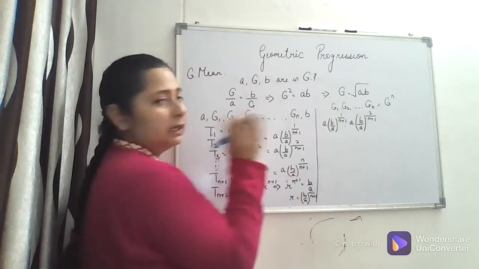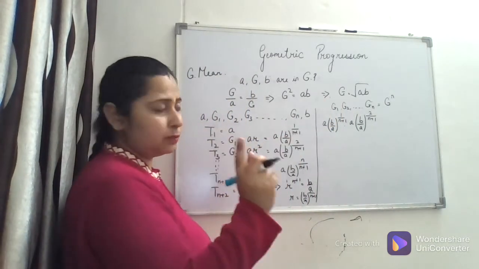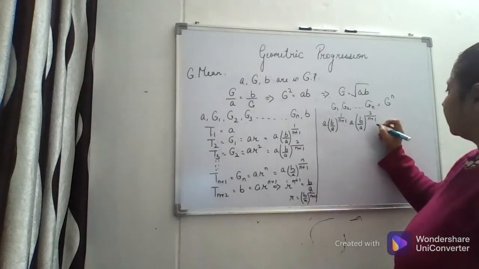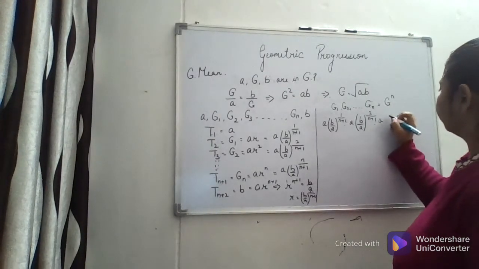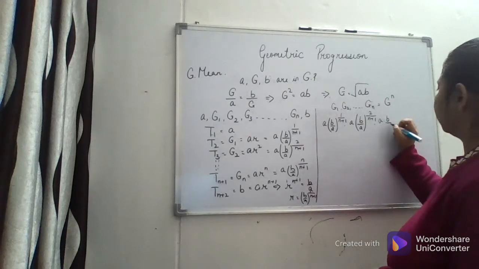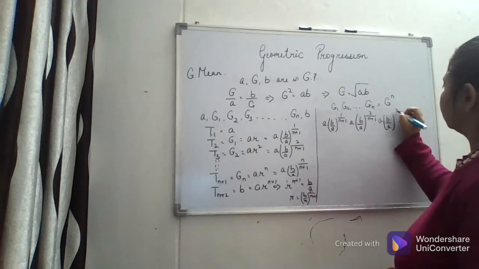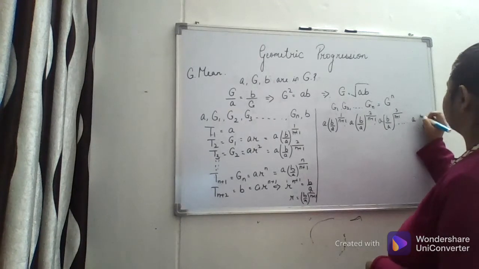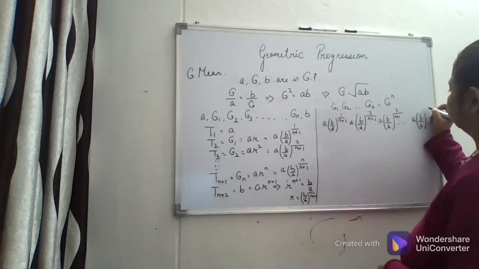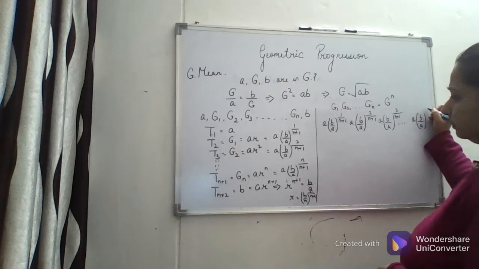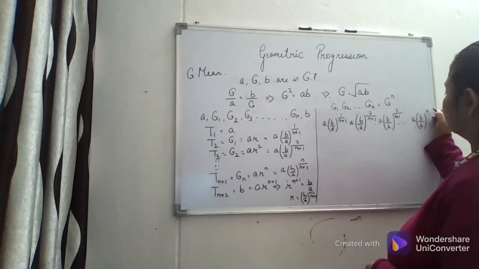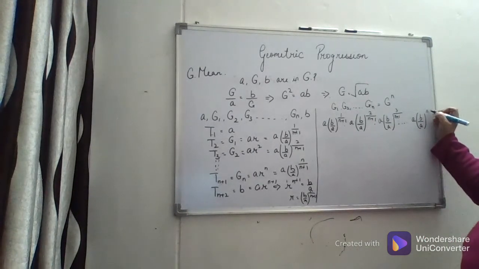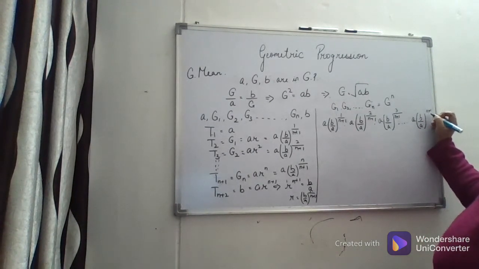I'm just taking my left hand side now. Understand this very clearly. So this will be A into B by A raised to 2 by n plus 1, into A into B by A raised to 3 by n plus 1, and so on till A into B by A raised to n by n plus 1.